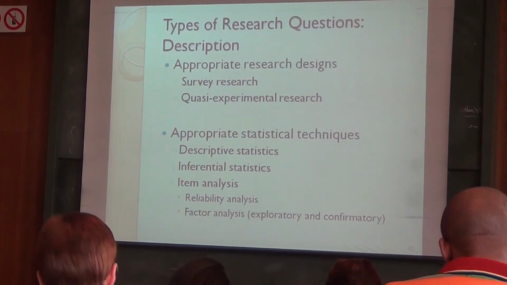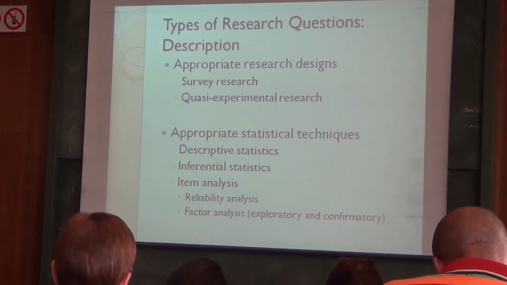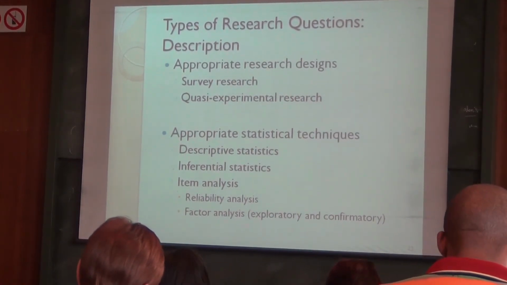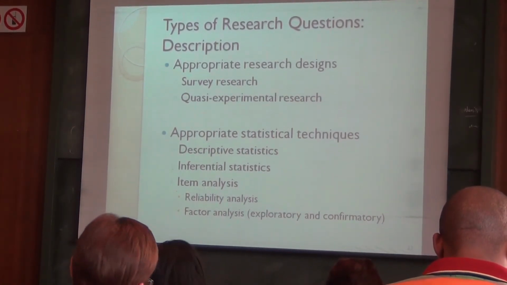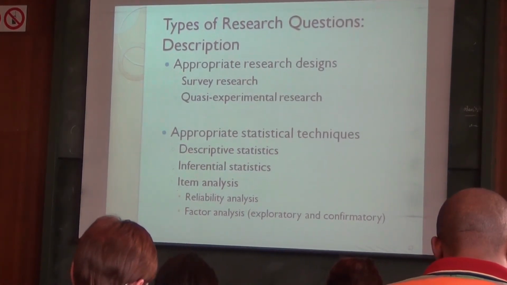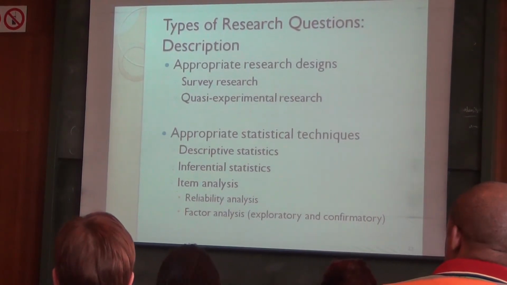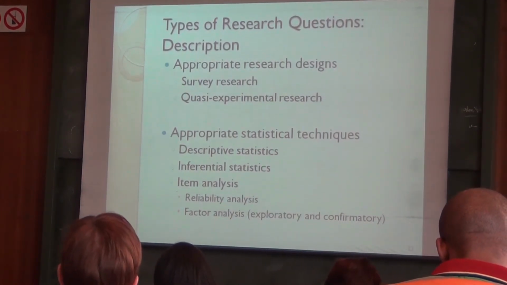You need a large group of respondents that you can use to test for differences. Yes, you can use quasi-experimental research designs to describe differences as well. But more often than not, you will use survey research designs.